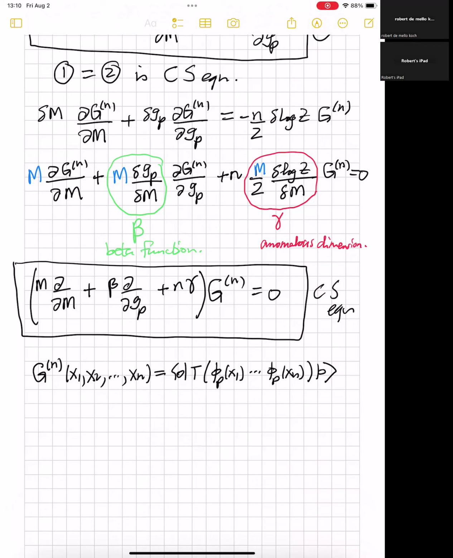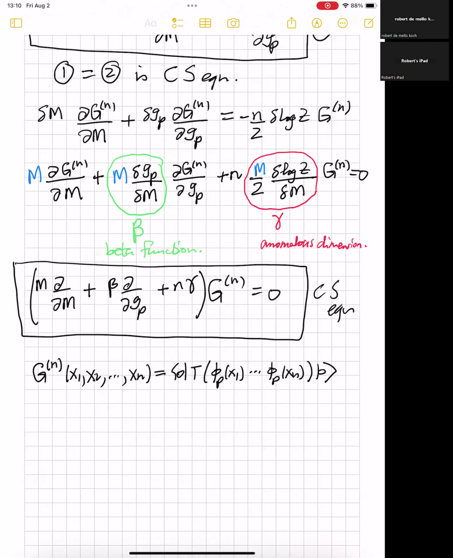You can take the 2-point function and 4-point function, plug them into this differential equation for n is 2 and n is 4. And then requiring that these differential equations hold, you'll be able to determine beta and gamma. And once you've found beta and gamma, you could go away and check, does the 6-point function obey this equation? Does the 8-point function obey this equation? And so on. And in fact, all of the correlation functions will correctly obey this Callan-Symanzik equation.